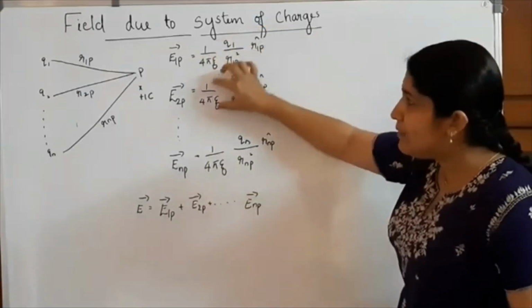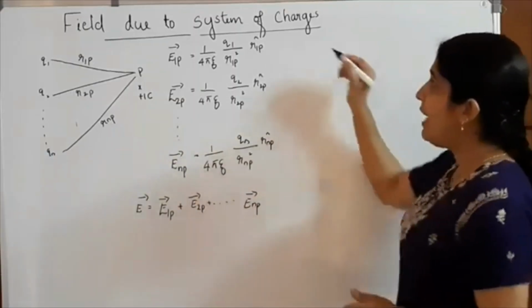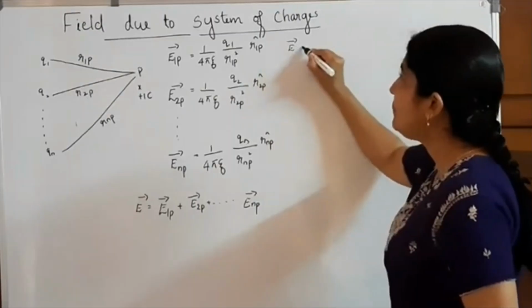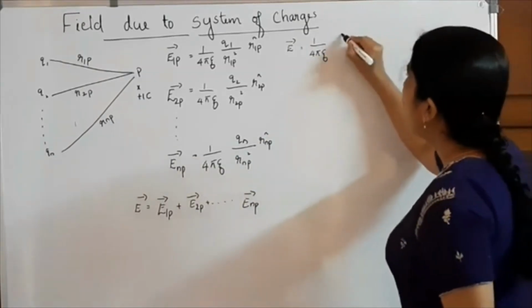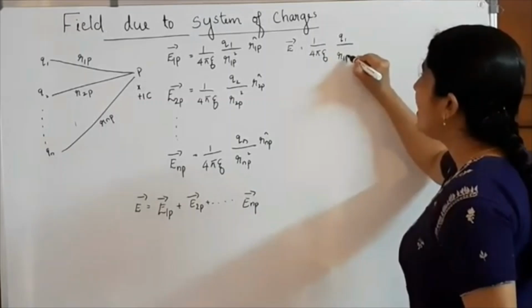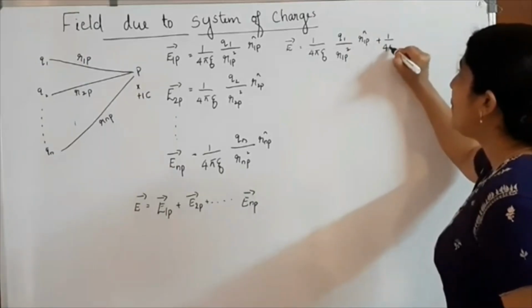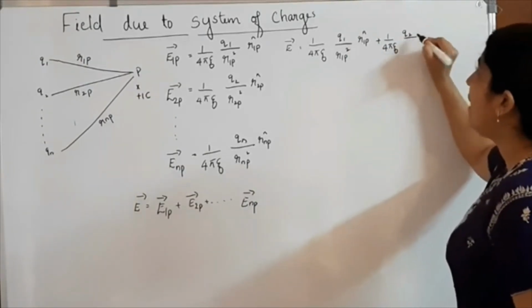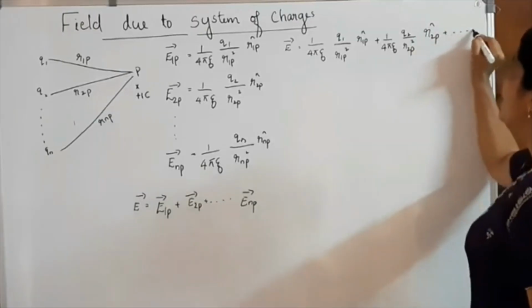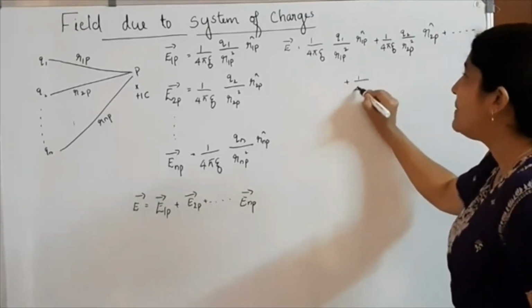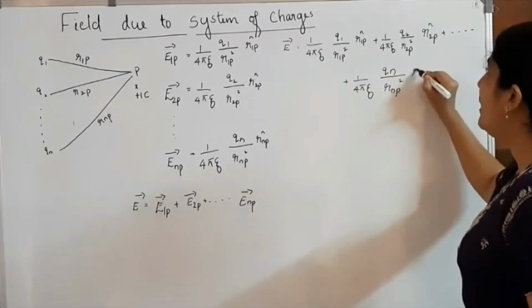Now, on substituting these values, we can write vector E is equal to 1 by 4 pi epsilon 0 into Q1 divided by R1P square into R1P cap, plus 1 by 4 pi epsilon 0 into Q2 divided by R2P square into R2P cap, plus etc. to 1 by 4 pi epsilon 0 into Qn divided by RnP square into RnP cap.